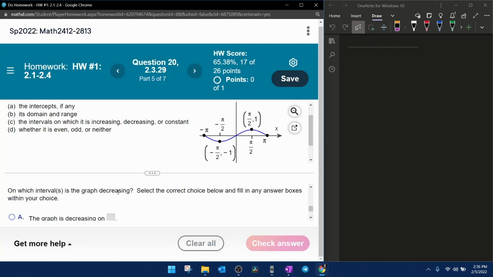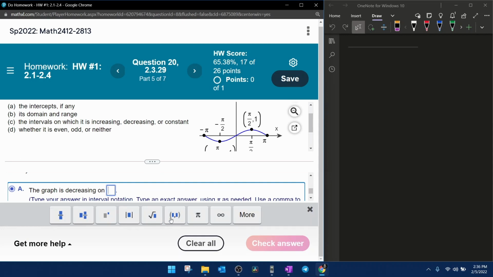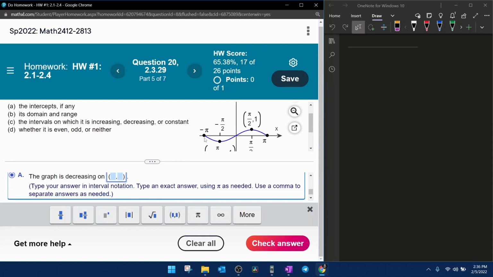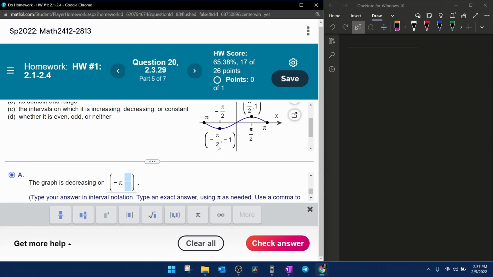Now it wants the intervals where the graph is decreasing. Well, there's two of those. From negative pi to negative pi over 2, the graph is going down, but it is also decreasing from pi over 2 to pi. The graph is decreasing on the interval from negative pi to negative pi over 2.